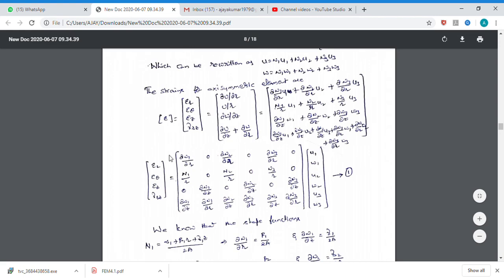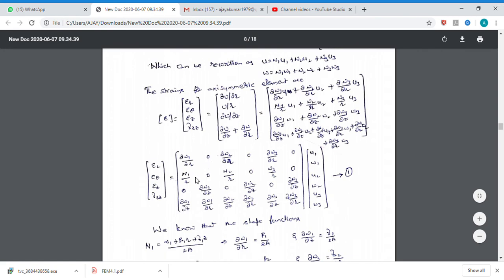You multiply this row into this column and you get this equation. Is it right? The first term is dou n1 by dou r into u1, but the second term has 0 for w, there is no w here, so automatically 0.